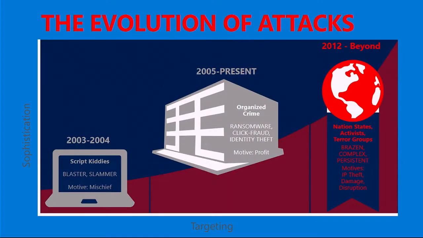And it's not just nation states attacking other nation states. Often it's these nation states even attacking private organisations. They're not just trying to attack businesses to steal the latest jet fighter plans.